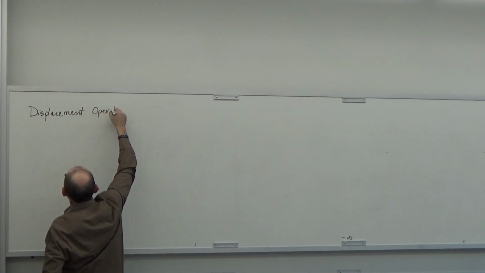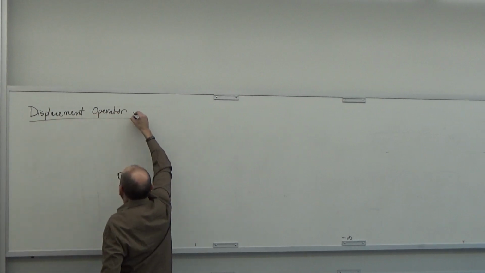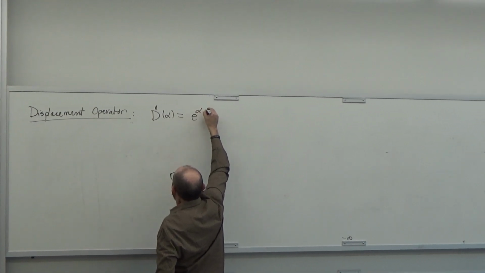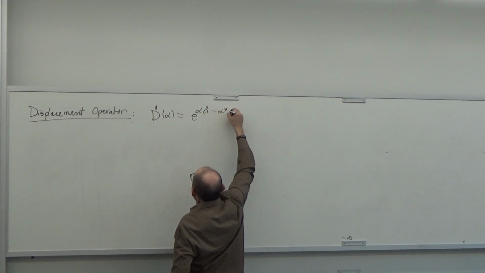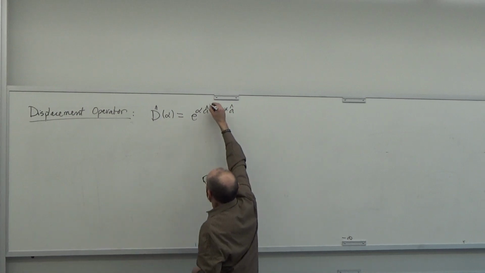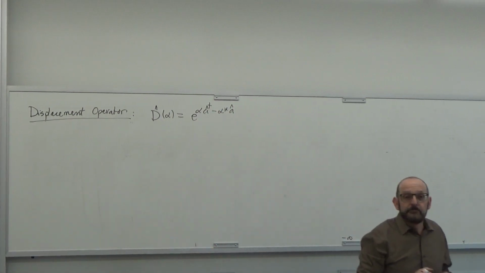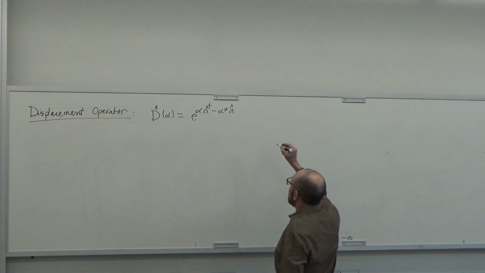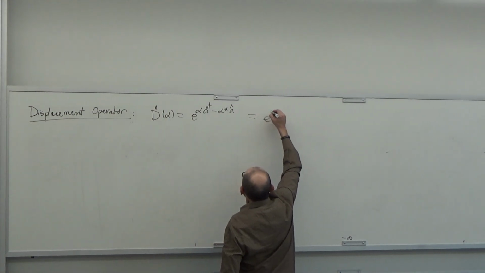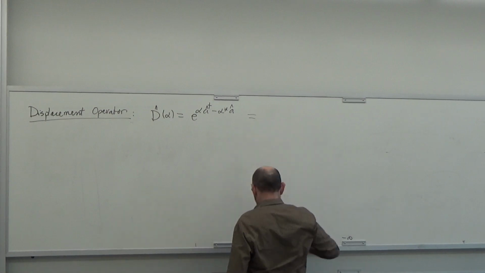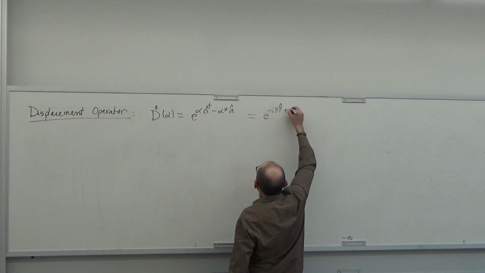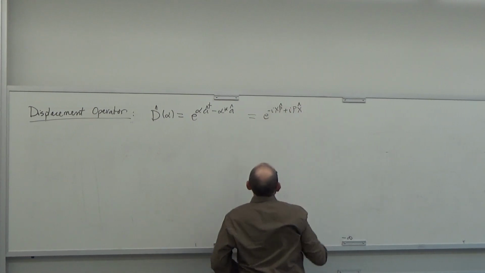So let us remember the displacement operator, phase-space displacement operator, which was this, right? Which, written in terms of x and p, is that, right?